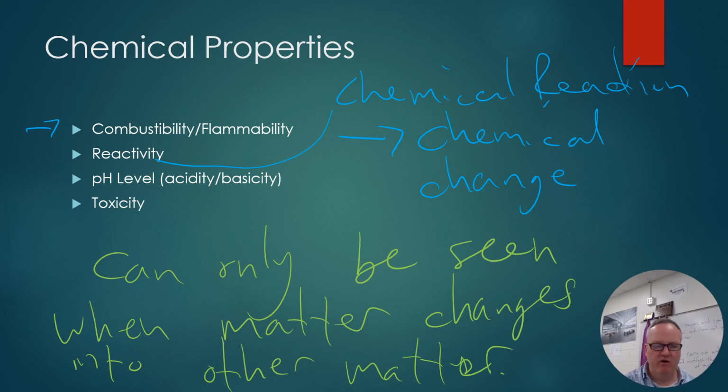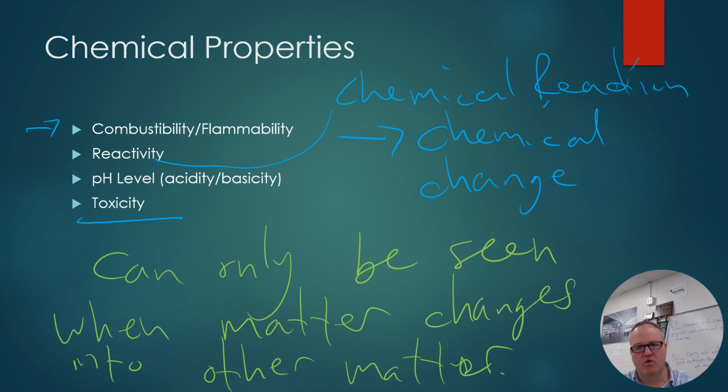Stuff like vinegar and your stomach acid, hydrochloric acid, those are acids. Bases are things like calcium carbonate and baking soda. Some of your soaps and cleaners are actually basic. Drain cleaner, that's sodium hydroxide, that's also a base. And then toxicity means that something's poisonous.